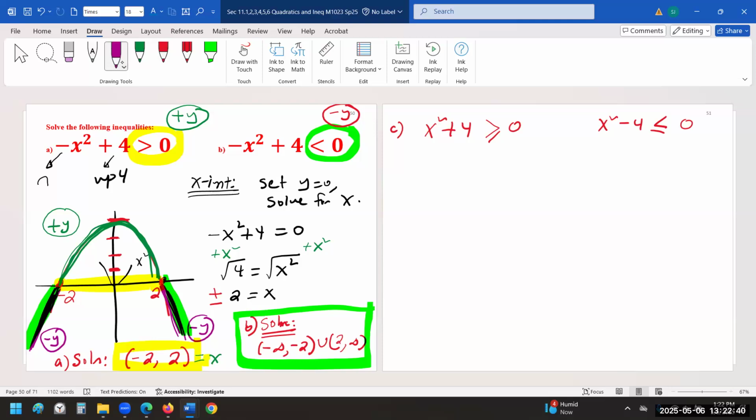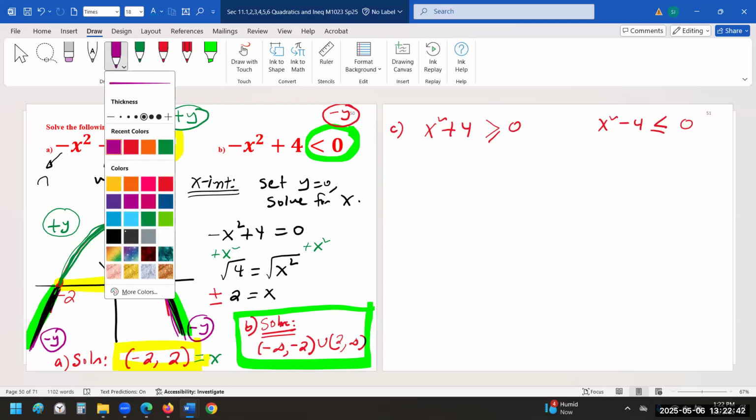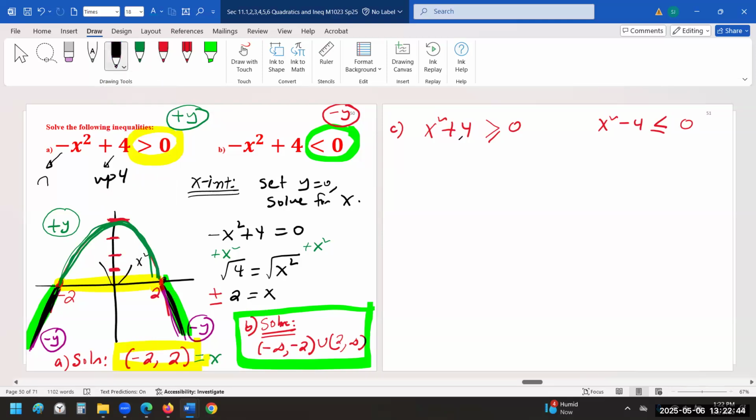So right now we have the original x squared, right? So we have only one transformation, plus 4. Which direction? Up 4. And here we are going down 4.